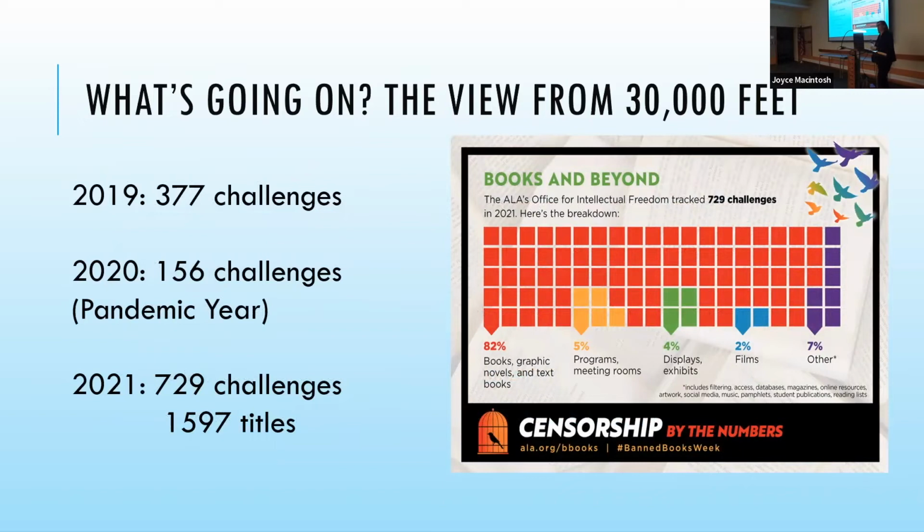This is a statistic, and with the work that I do, I can share with you that 2022 is already above and beyond this, and we're not in the fourth quarter. And what I want to point out, so that you see the number of challenges going up, 377, 156. The number of titles will always be greater.